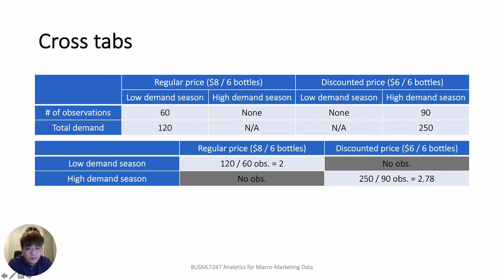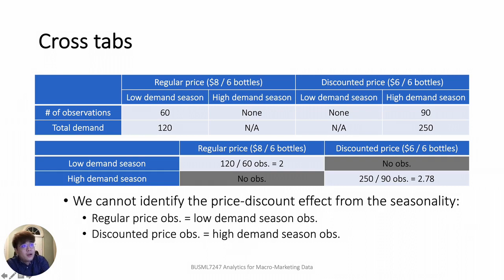We can easily observe this data pattern, so-called countercyclical pricing, for seasonal products in reality. But the problem is that we cannot identify the price discount effect from the seasonality in this case. In the second table, average demand increases from 2 to 2.78 when price changes from $8 to $6.